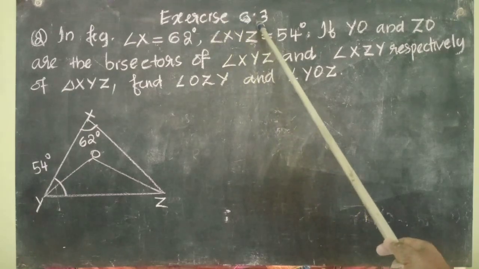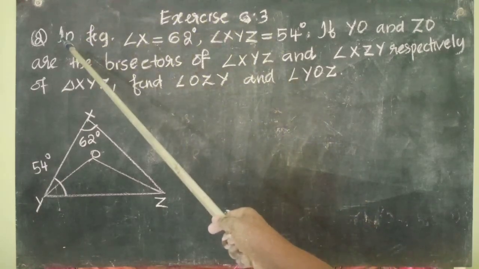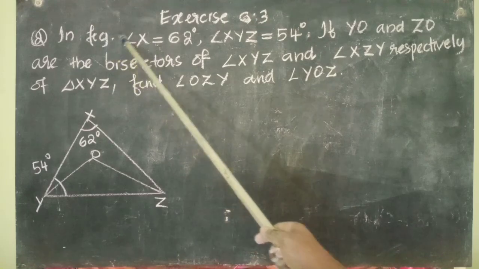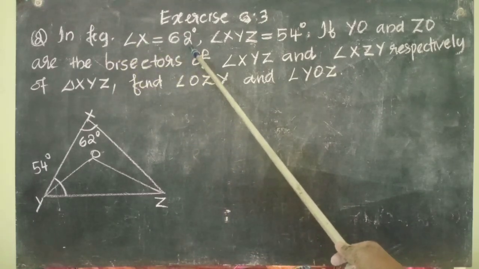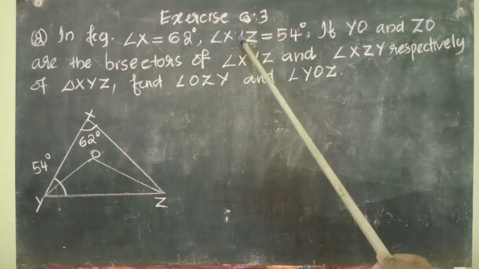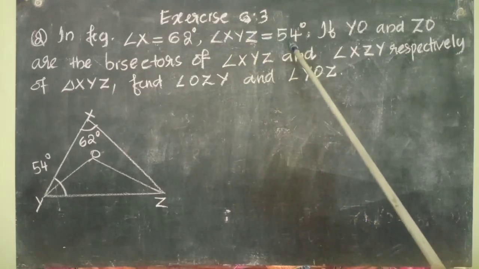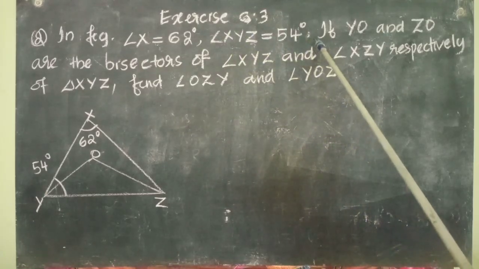Exercise 6.3, question number 2. In the figure, angle X equal to 62 degree. Angle XYZ equal to 54 degree.